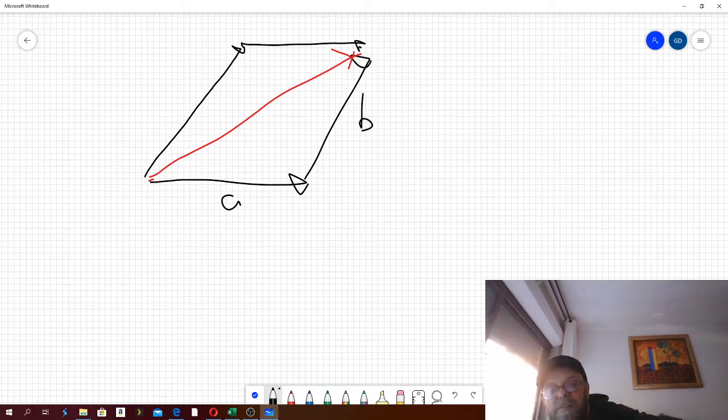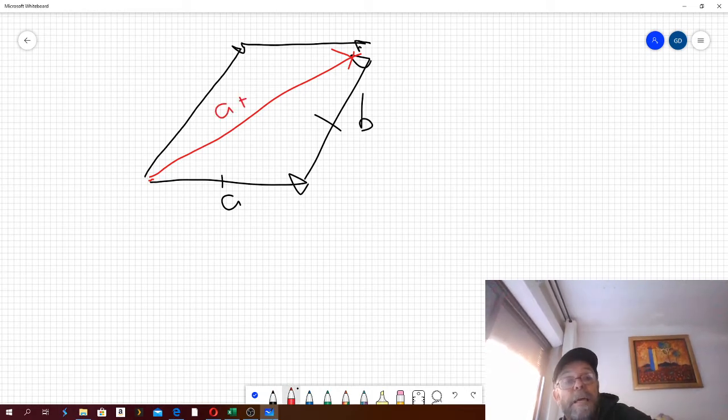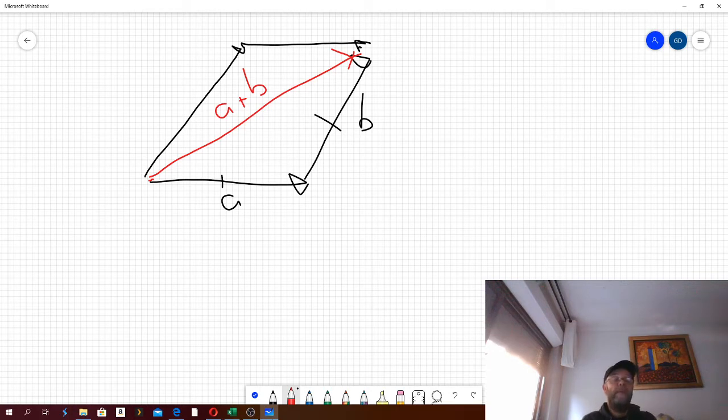These are the same vectors, but what shape do these end up making? Remember that the A size was the same as the B size, and that this red vector is now represented by A plus B. Because these vectors are parallel here, so I've got another B here and another A here, they make what we call a rhombus.